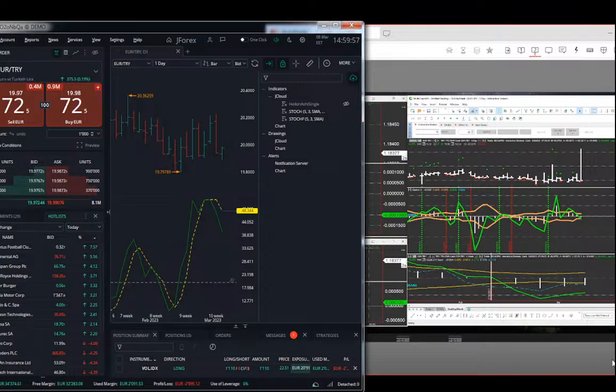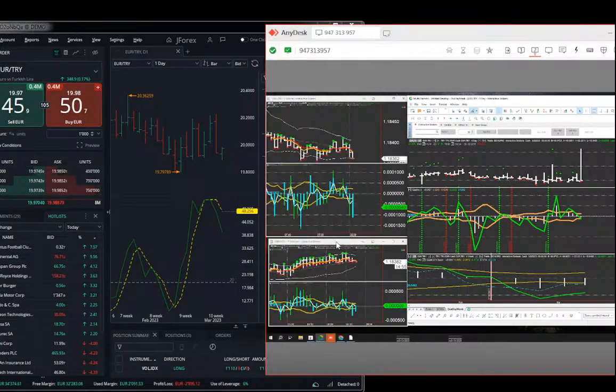So we're going to get a new bar on the 15-minute. Right there, we're getting a new bar, and it's pushed into the sell. Both of them are. No, that's the daily. The 1 minute is in a sell from the close of that bar. And there you got that weakness going on there.